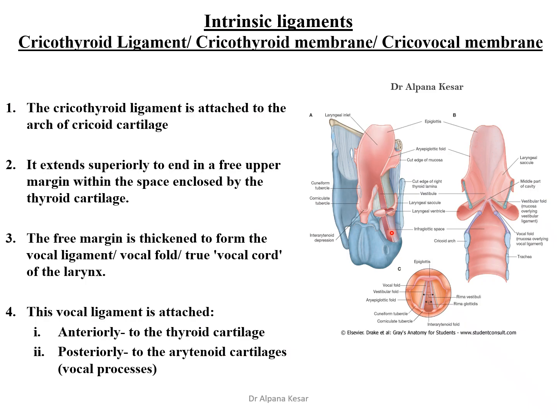Cricothyroid membrane is attached below to the arch of cricoid cartilage, and above it ends as the upper free margin. This upper free margin is enclosed in the space within thyroid cartilage. The upper free margin is thickened to form vocal cords of larynx.